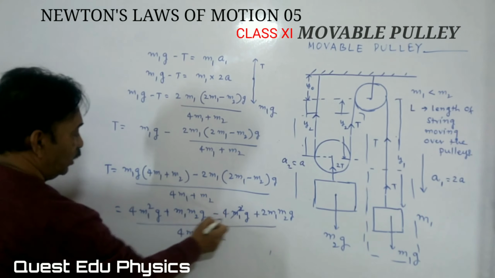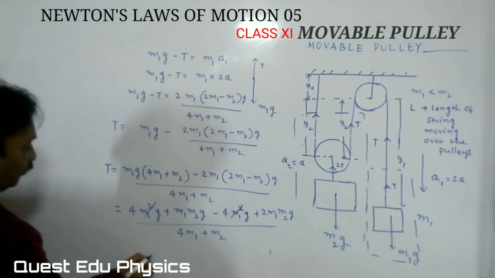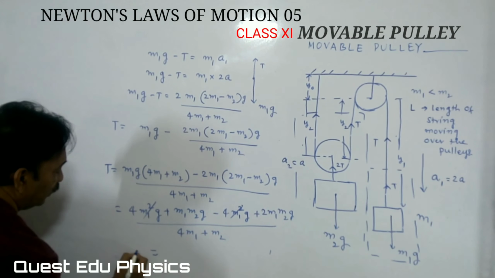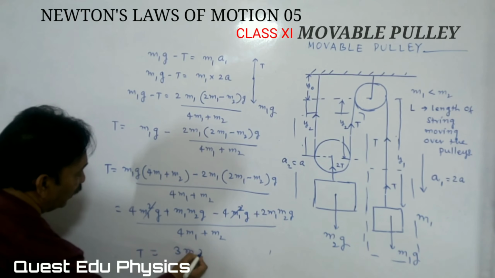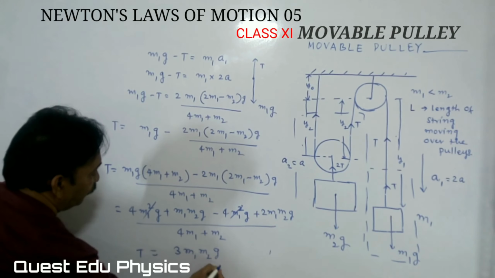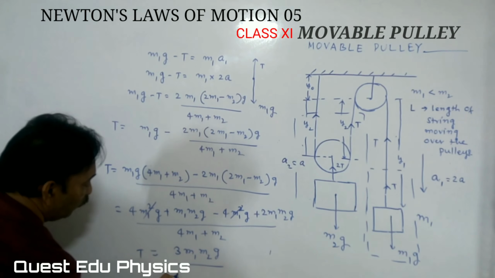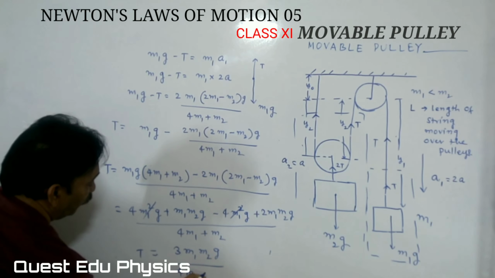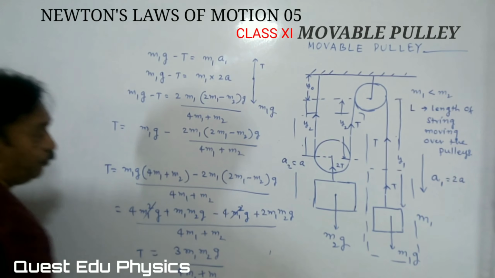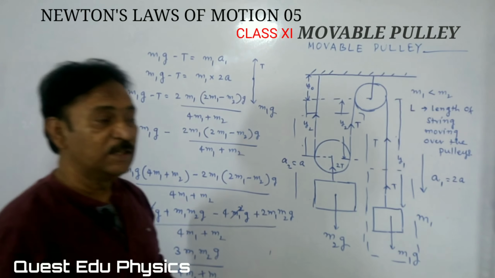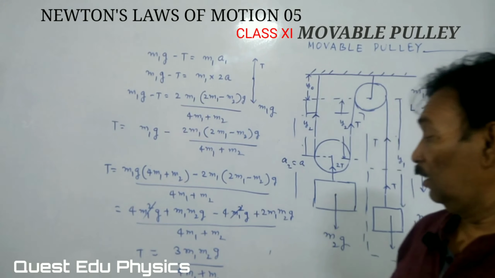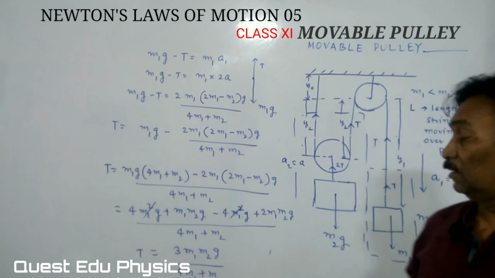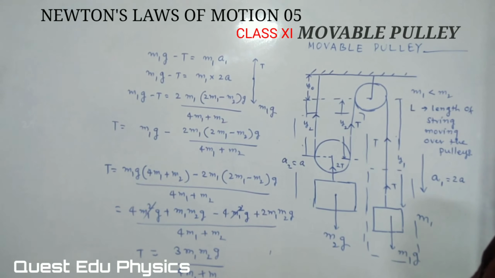Okay, simpler terms get cancelled, and we get tension is equal to 3M1M2G by 4M1 plus M2.